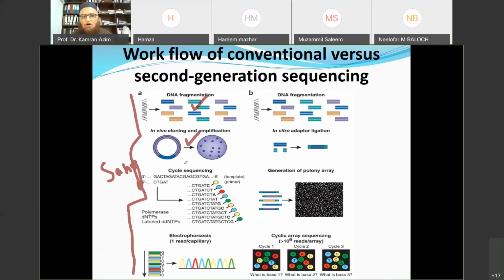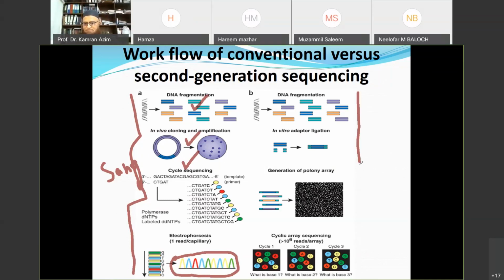I will mention the paradigm shift later on. After cloning, comes cycle sequencing, which is basically the main idea behind the Sanger sequencing method. After cycle sequencing, we do the electrophoresis of each and every reaction, and at the end we get the electrophoregram. Using that electrophoregram, we deduce the sequence of DNA from 5' to 3' direction.